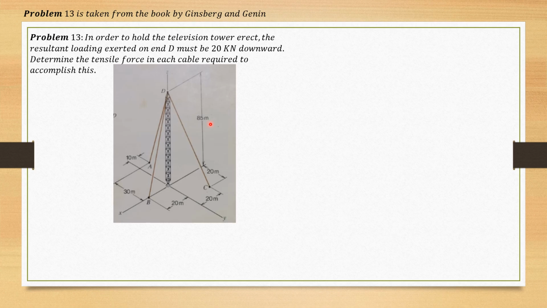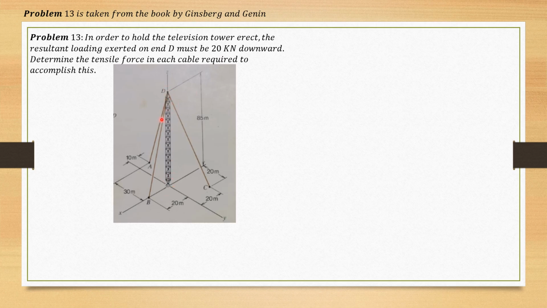For our analysis and solution, because the resultant is directed downward with a magnitude of 20 kilonewtons, that means the resultant is equal to Rz, and it is negative 20 kilonewtons because it is downward.